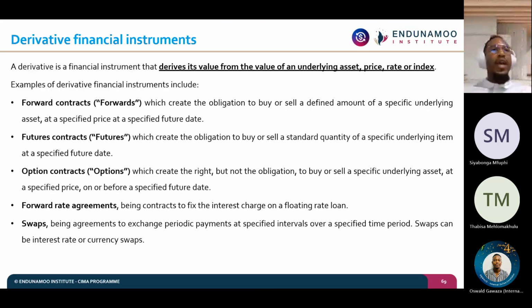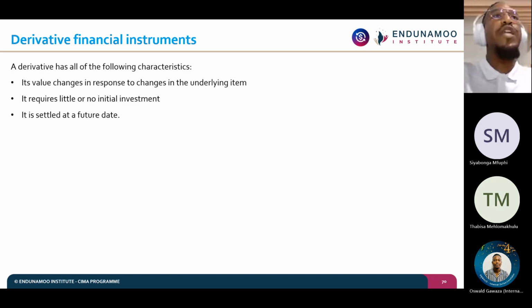Then I think finally we have derivative financial instruments, which we spoke about. When we spoke about derivative financial instruments, we said generally a derivative has the following characteristics. Its value changes in response to changes in the underlying item. It requires little or no initial investment, and it is settled at a future date. These are the characteristics of a derivative.